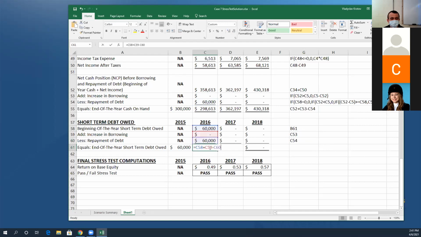And then end of the year short-term debt owed is calculated by taking beginning of the year short-term debt owed, adding increases in borrowing, which is C59, and subtracting repayment of debt, which is C60. So that's the formula here.